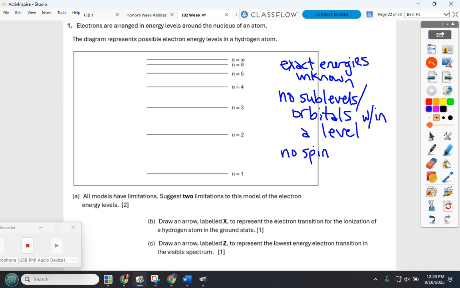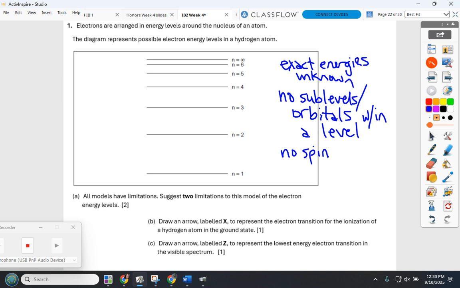Anything else? So I'm going to put up the mark scheme so that you can see all of the things that they thought would possibly be acceptable. Notice that it does say 2 limitations, and there's 2 points. So, as always, check the point levels on the questions, because if it's 2 points, there are 2 points they want you to make.